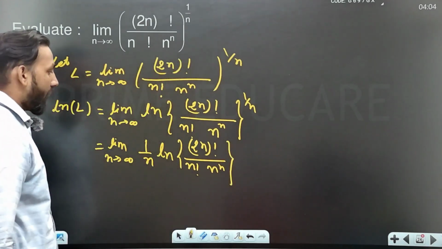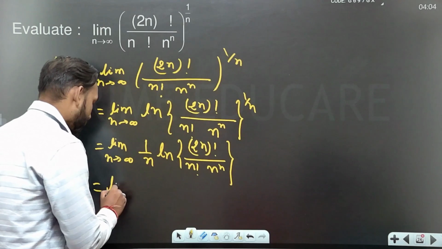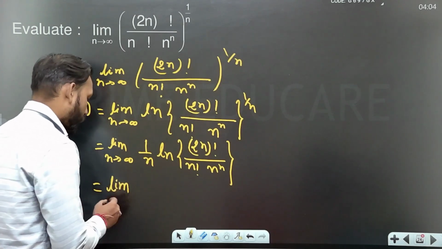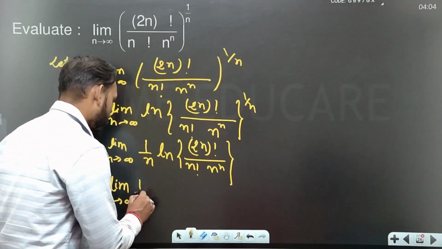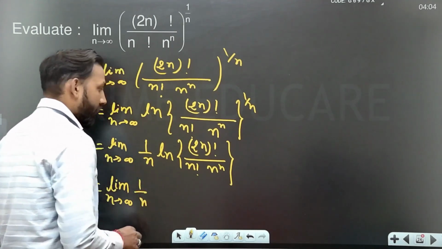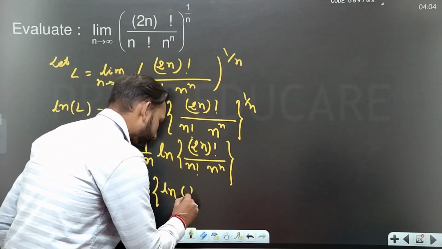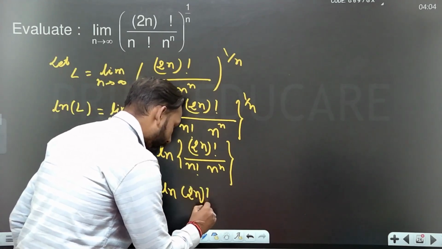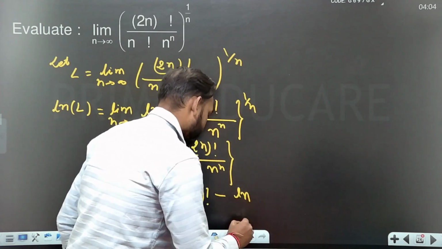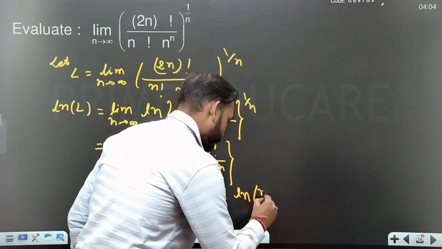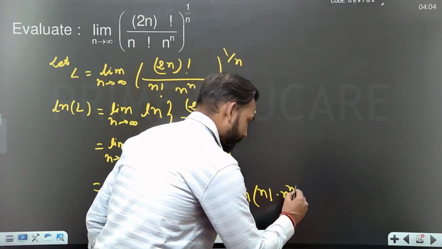Okay. Now we also have a rule for log of m over n: we can write it as ln m minus ln n. So ln of factorial 2n minus ln of factorial n into n to the power n, as you know.